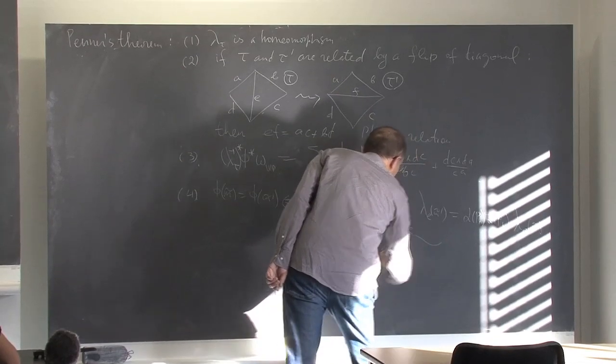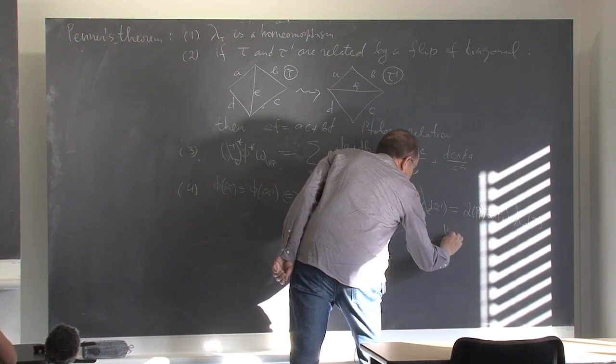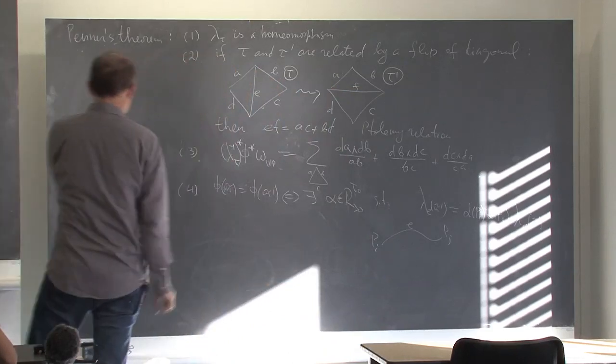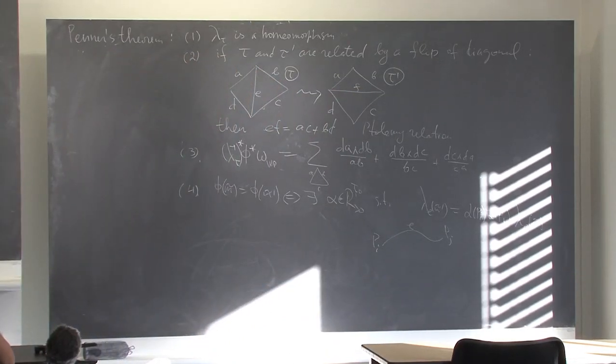Here we have an edge E with Pi and Pj as the endpoints. So that's what we did last time.